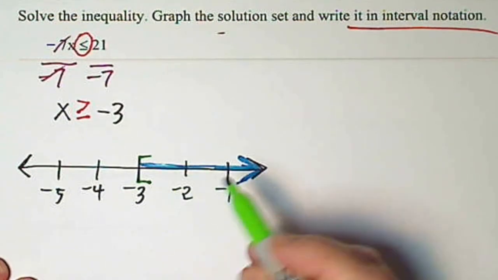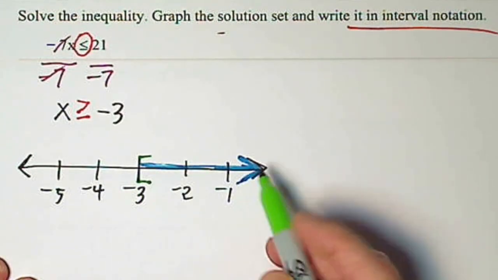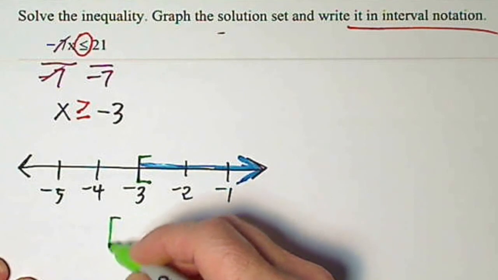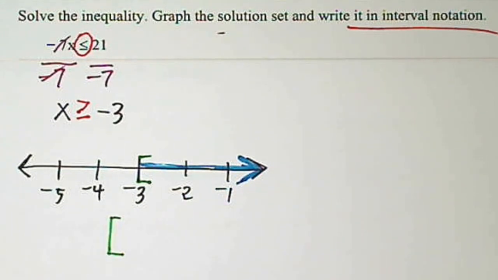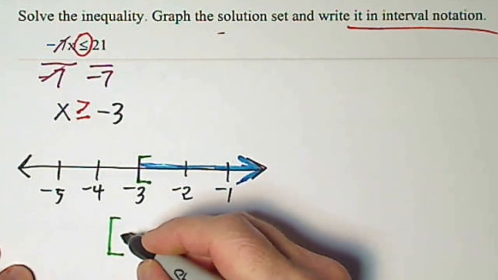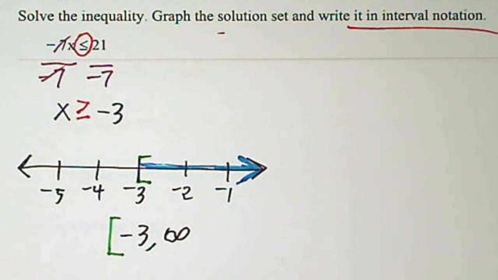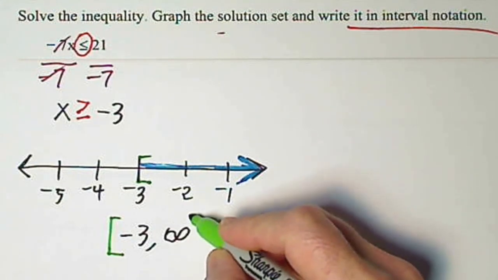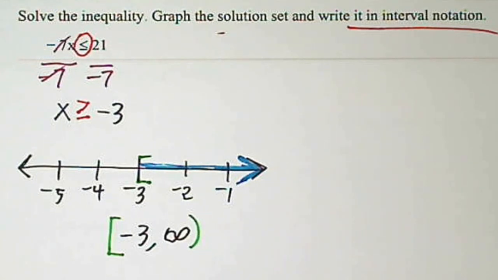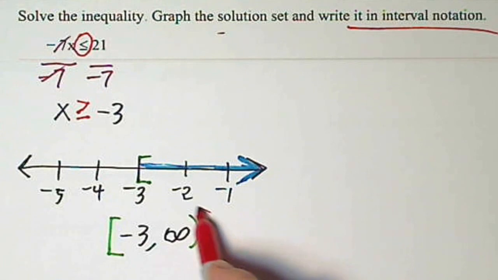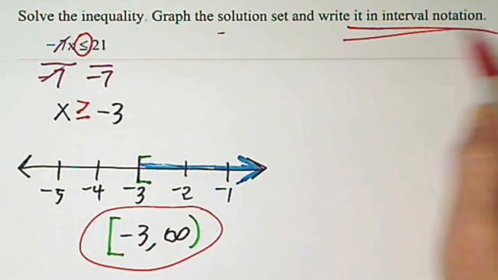We've got all values from -3 to infinity. Out to positive infinity. And you always use the parenthesis on that side. So again, this is the interval notation.